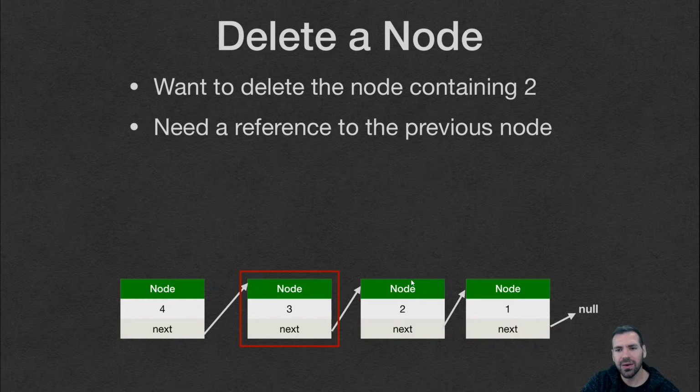To delete that node, we actually need a reference to the node that comes before it. We'll need a reference to this node with the value 3. And what we'll do is manipulate the references of next to be able to bypass that node.